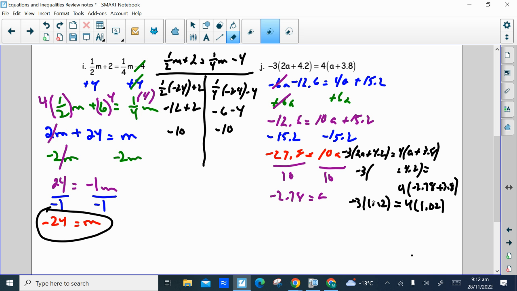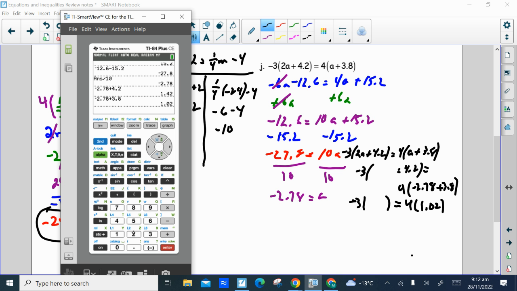So that'll change that value and that value. So we want to go 2 times negative 2.78 plus 4.2, which is negative 1.36.